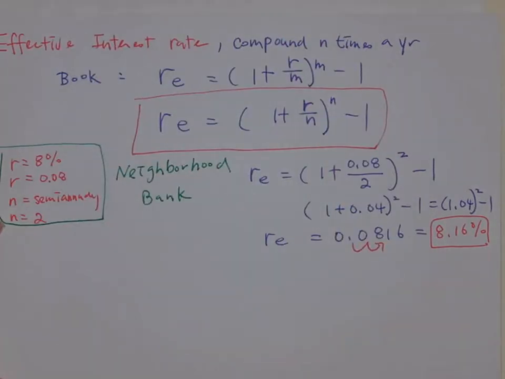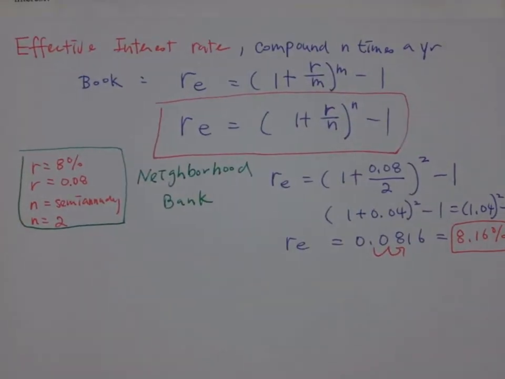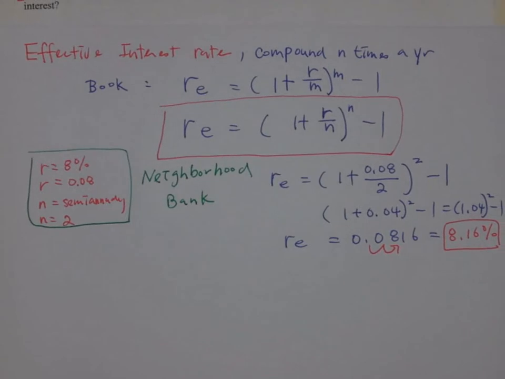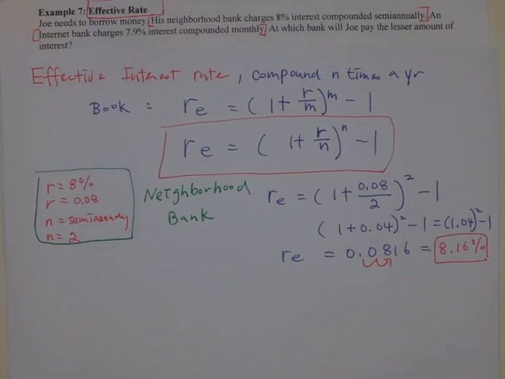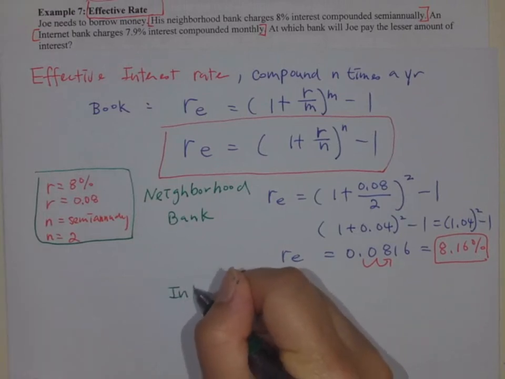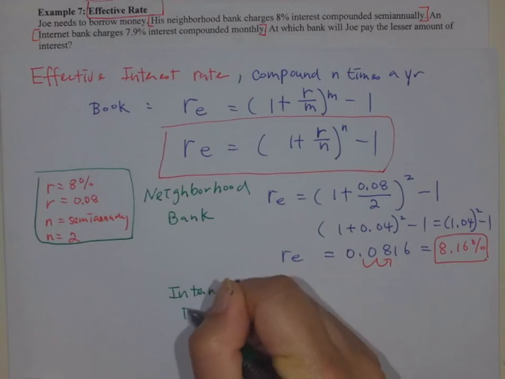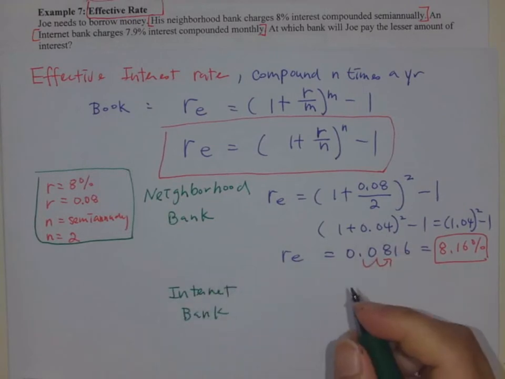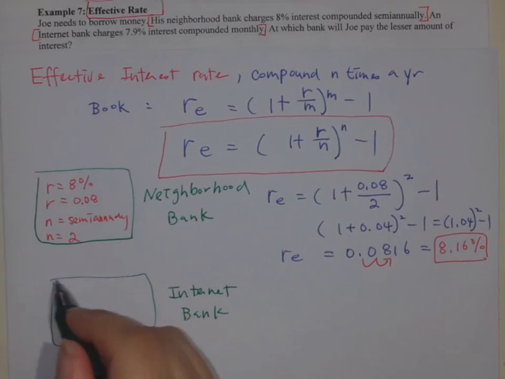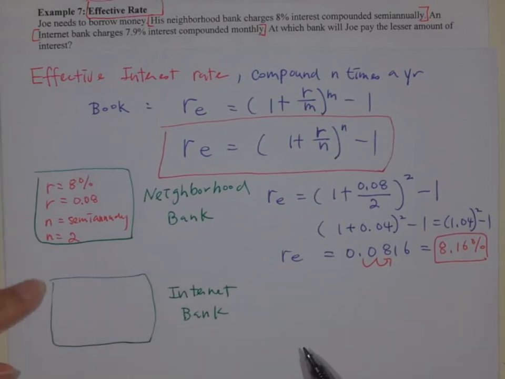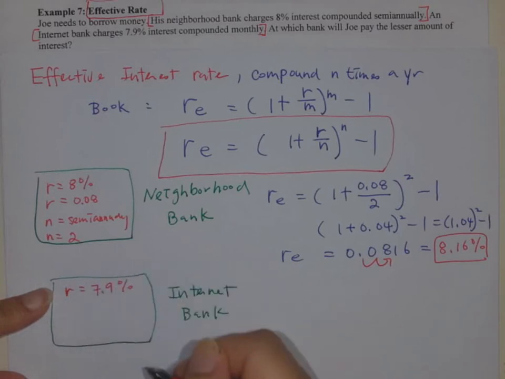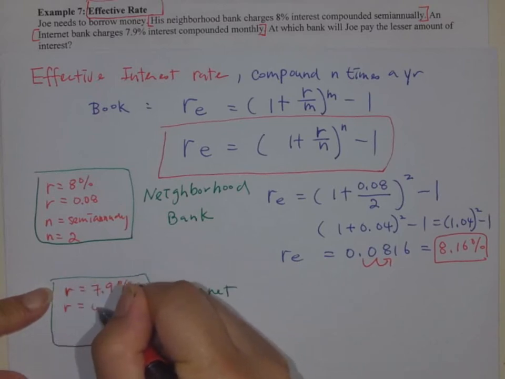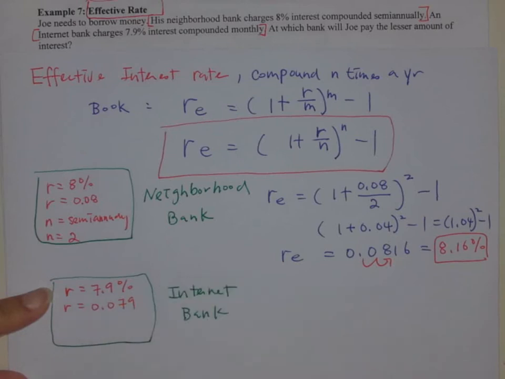And let's do the next one, which is the internet bank. So let's see what we have for the internet bank. We have the interest rate is 7.9%, so 0.079 for the decimal, right?